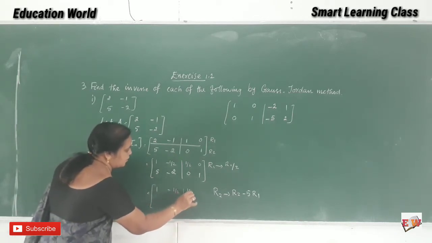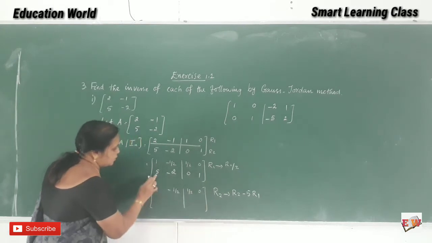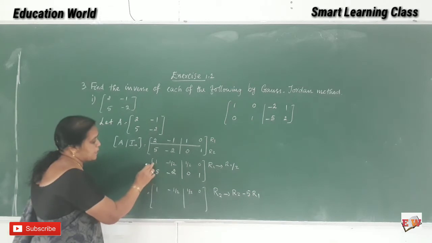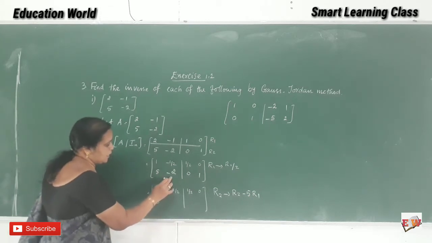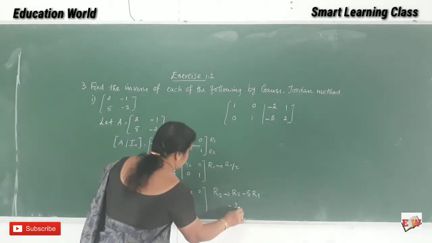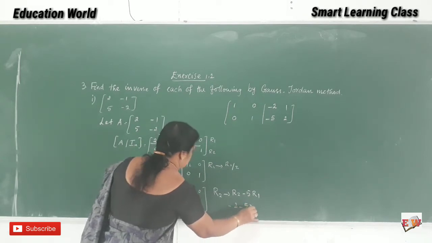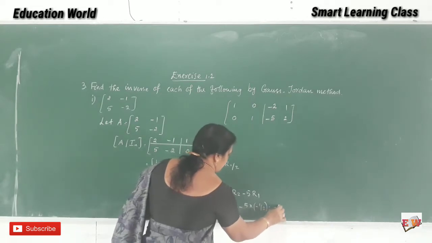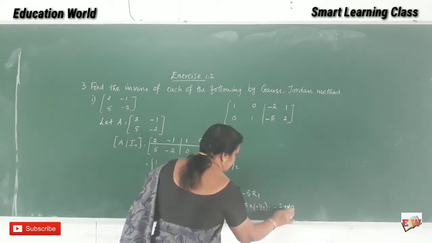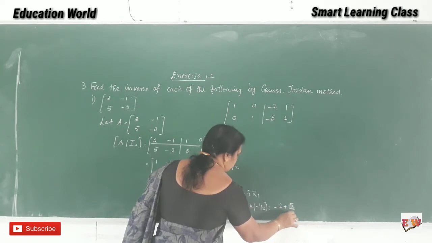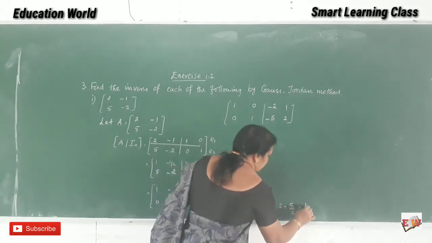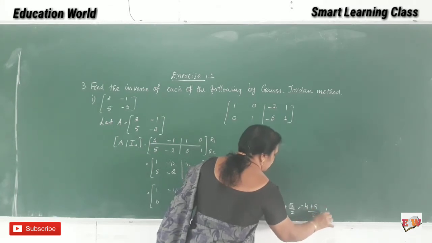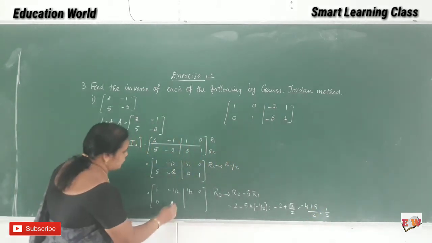Now the second row: 5 minus 5 gives 0. Then R2, that is, minus 2 minus 5 into minus 1 by 2. See what it will come: minus 2 plus 5 by 2, so minus 4 plus 5 by 2. Here I am getting 1 by 2.